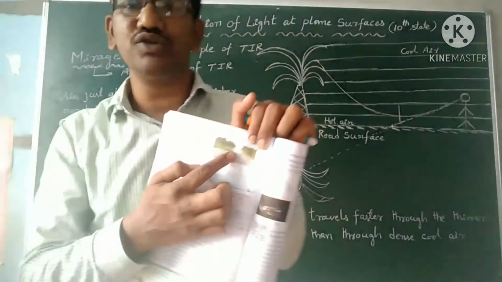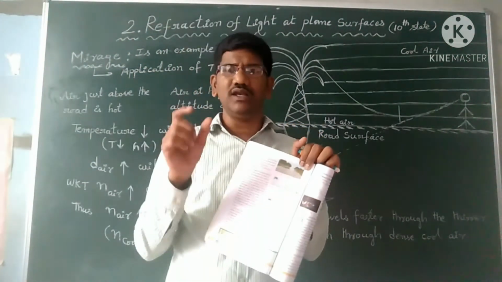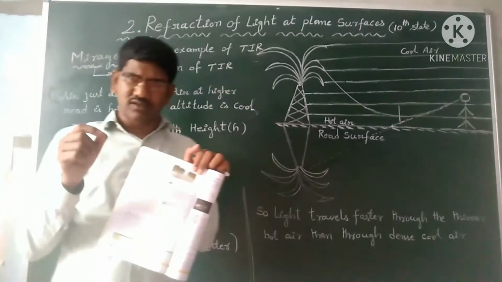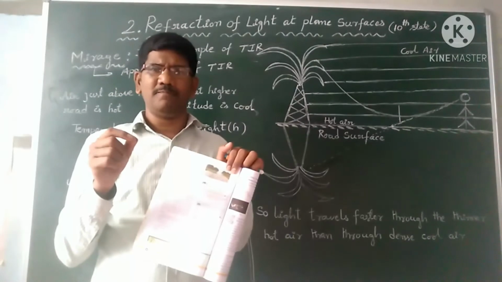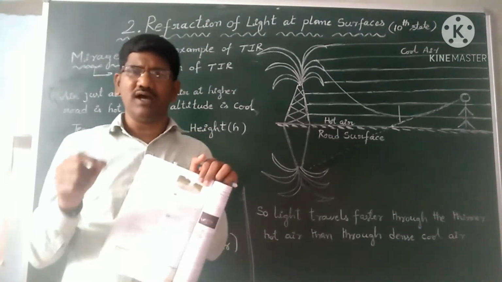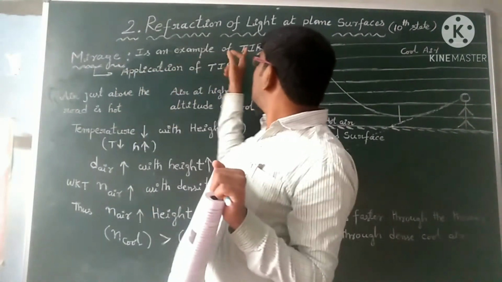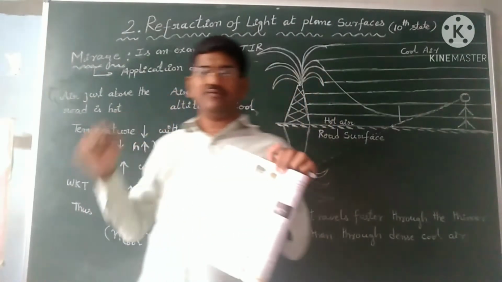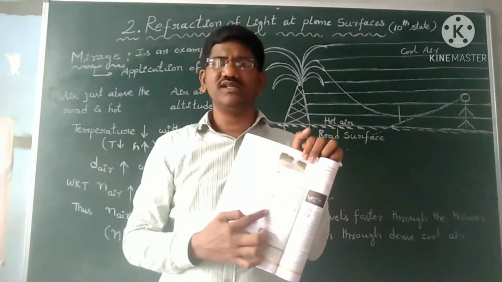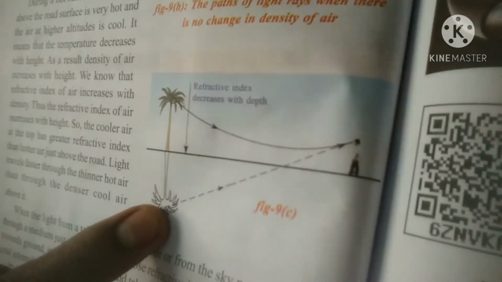It is an illusion. Mirage is an optical illusion. It appears due to the phenomenon of total internal reflection. And similarly, inverted images. See in the diagram, this is the tree and the tree will appear inverted, and in the deserts also we see inverted trees like in the textbook.